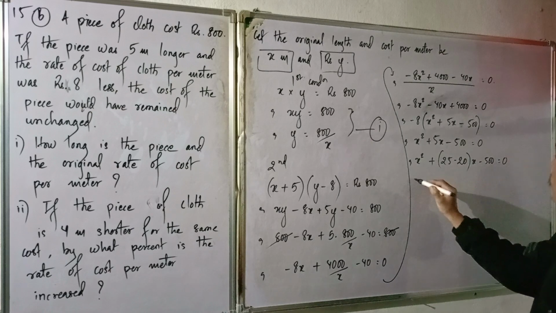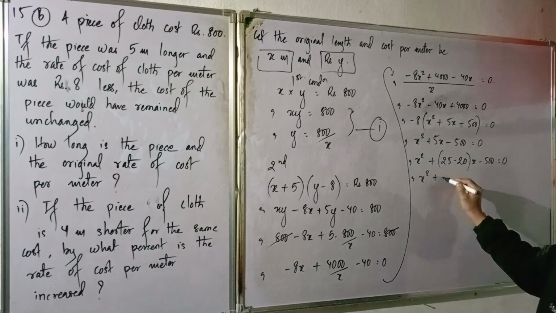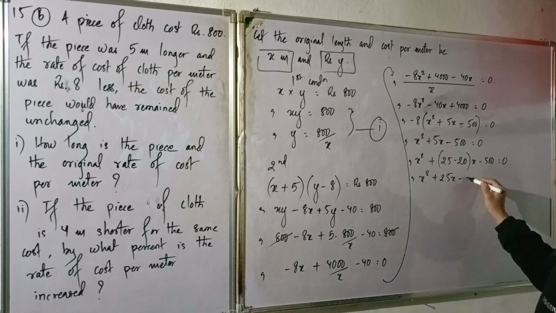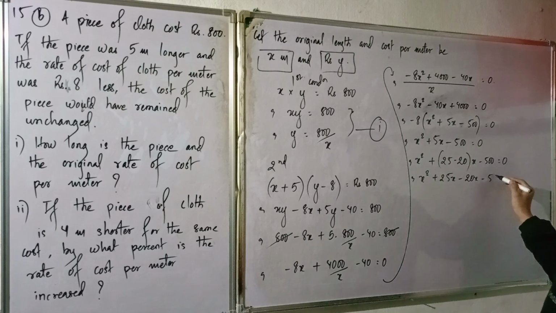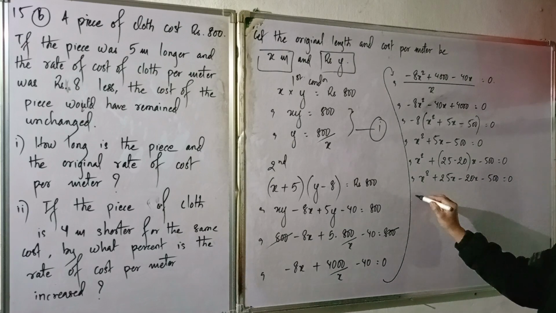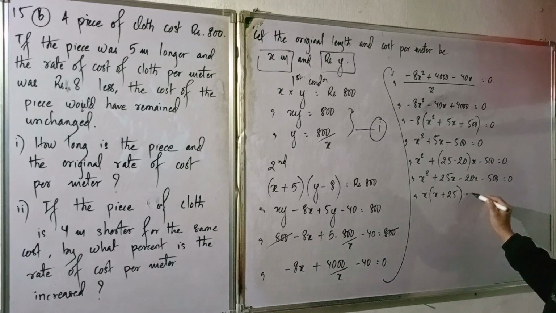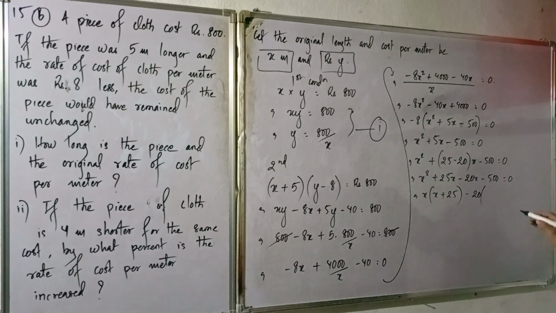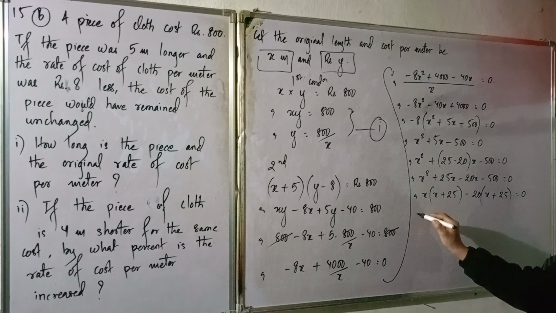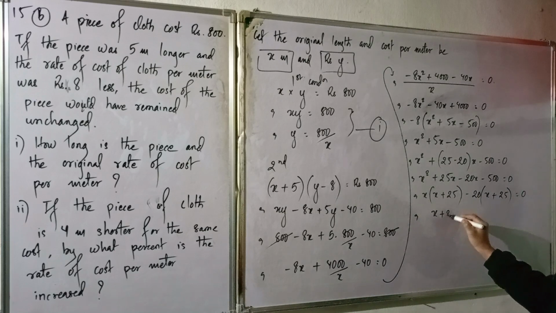So x square plus 25x minus 20x minus 500 equals 0, or x plus 25, and x minus 20 you can take common here.